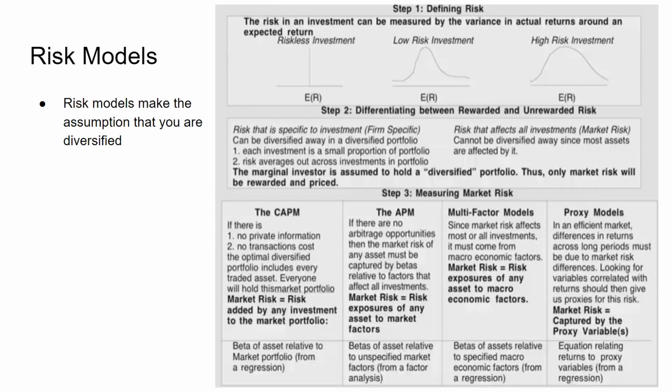The opposite of firm specific risk is market specific risk, right? Market specific risk is anything like a recession, fear of recession, changes in currencies, changes in interest rates, anything like that. That's really market specific risk.